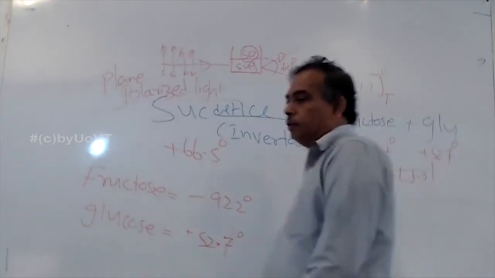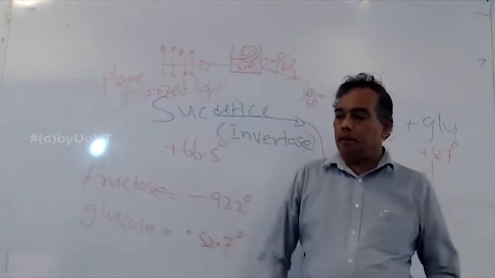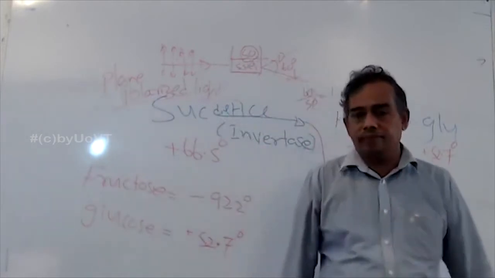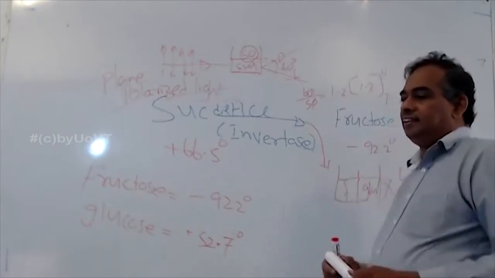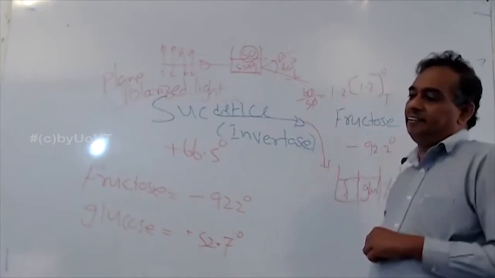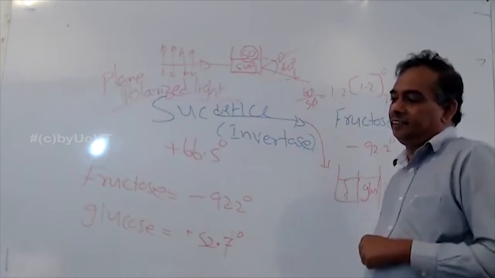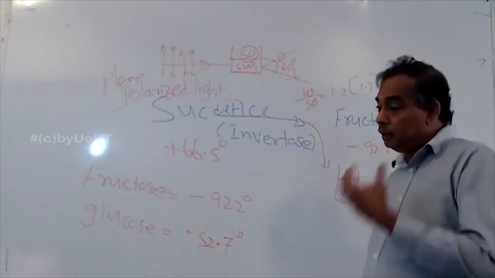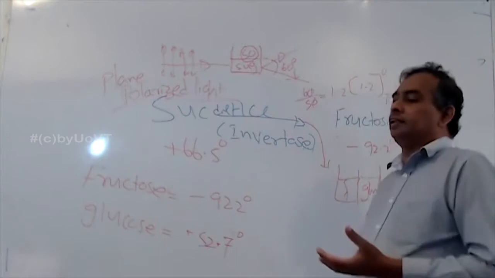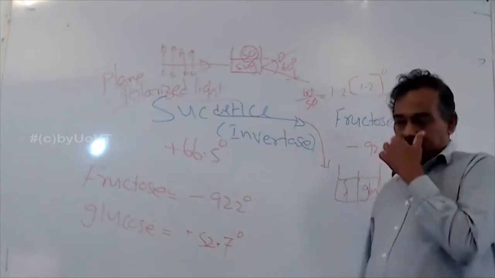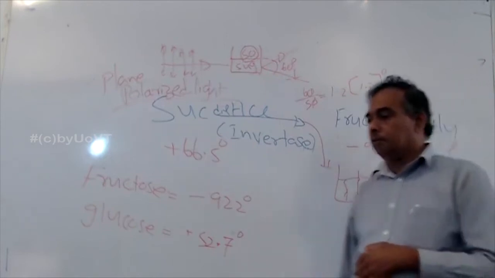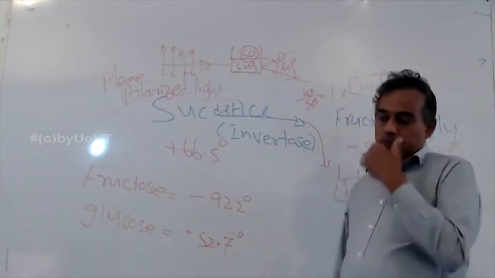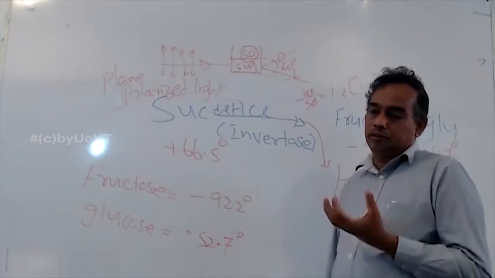What do you think about the final orientation? Plus or minus? Please think a little bit before I tell you. What do you think about the orientation of the final solution? Specific rotation, not orientation, the specific rotation of the final solution.